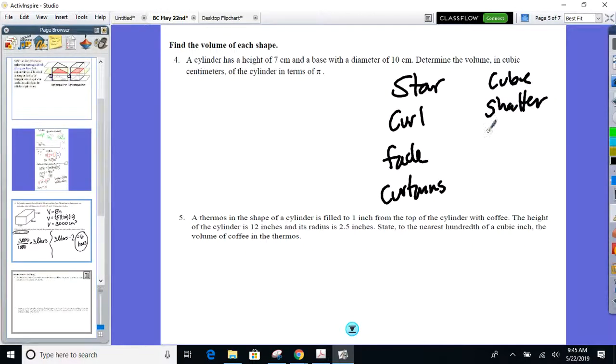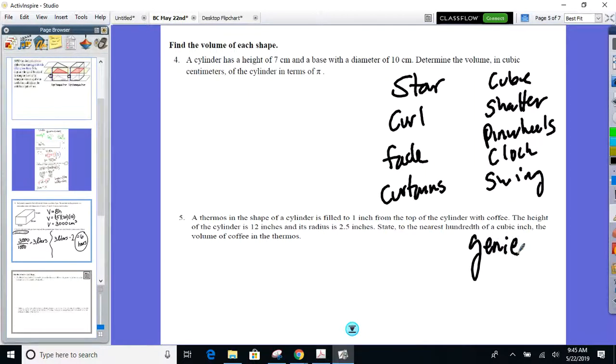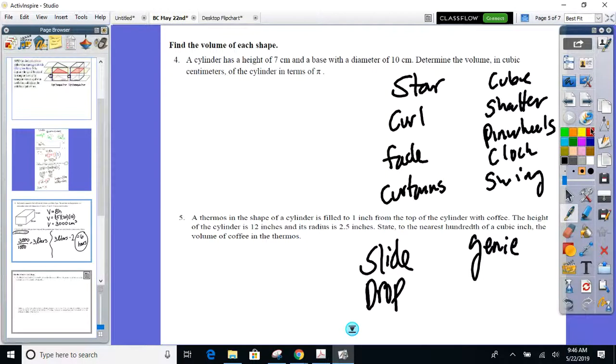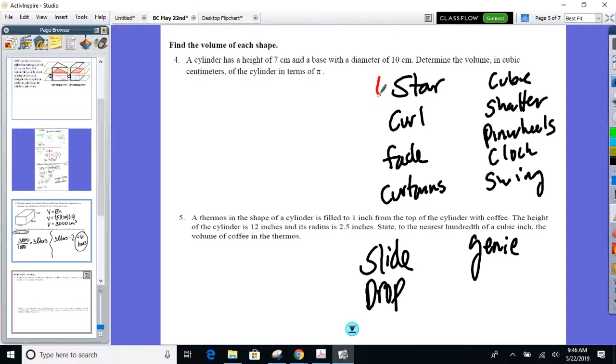Shatter, pinwheels, swing, clock, swing, genie. What else? Star, nope. Curtains, got slide. I'll give you both. Drop. Okay, we ready? Star. Any stars? Curls. Fades. Curtains. 1, 2, 3, 4, 5 curtains.